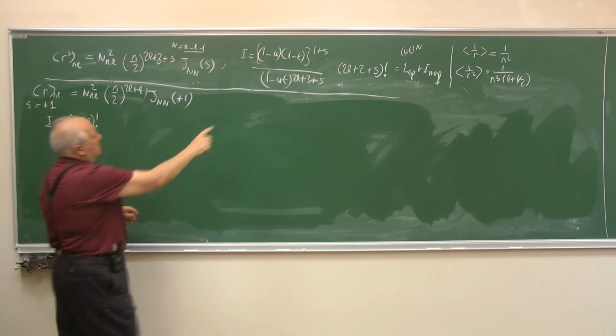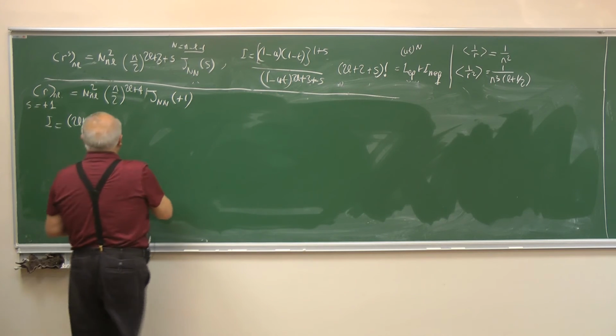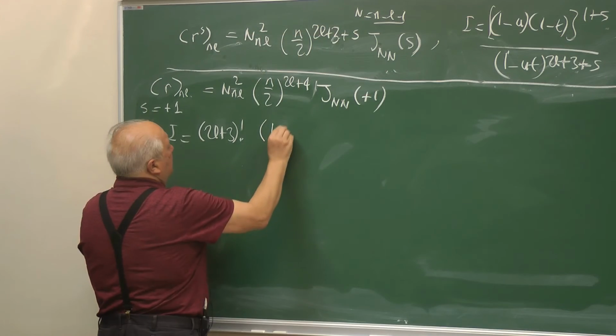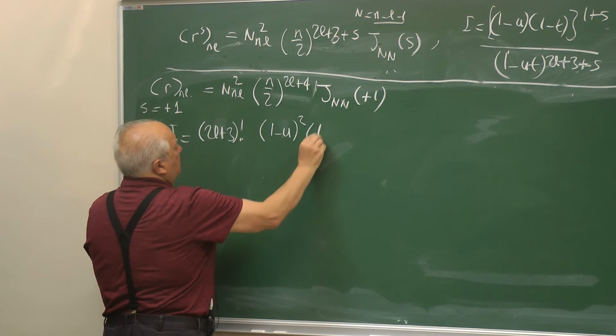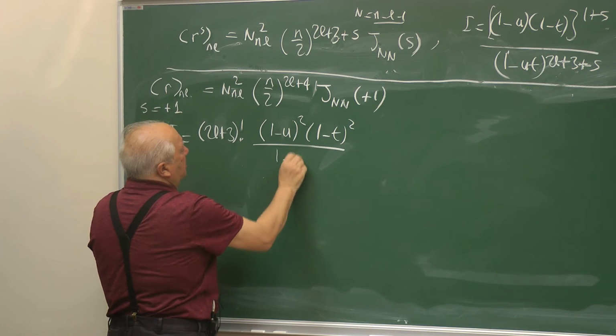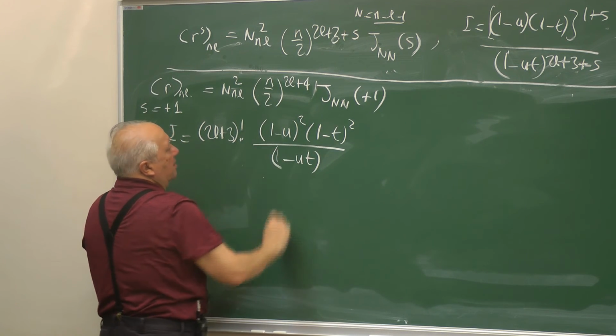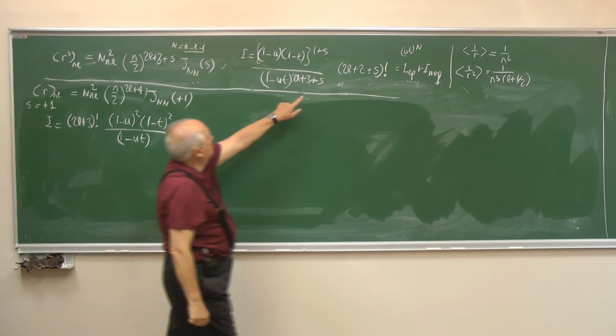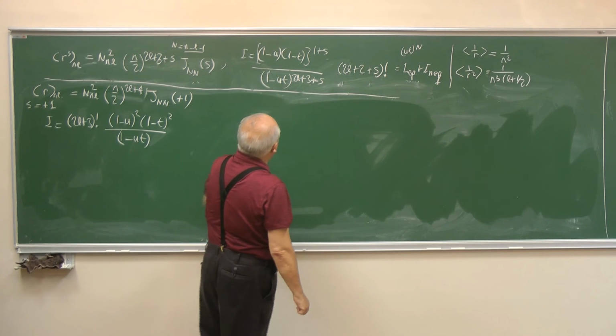Then s is 1, so we have a square upstairs: (1-u^2)(1-t^2) divided by (1-ut) to the power 2l plus 4.